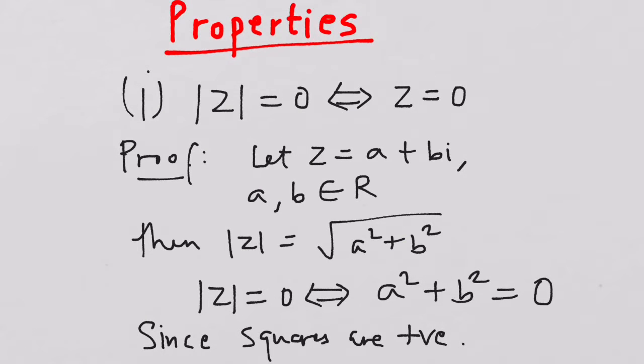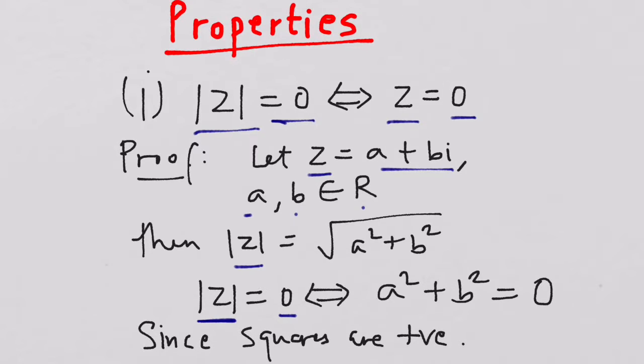Now we go through the properties of the modulus. So if the modulus of any complex number is 0, then the complex number itself is 0. The proof is, let z is equal to a plus b iota, where a and b are real numbers. Then modulus of z is equal to under root a square plus b square, and we are given that modulus of z is equal to 0.